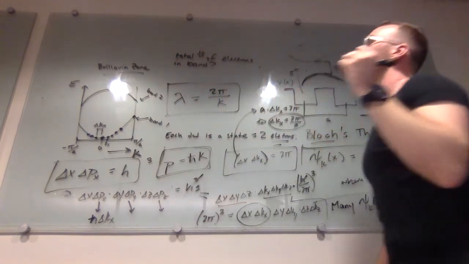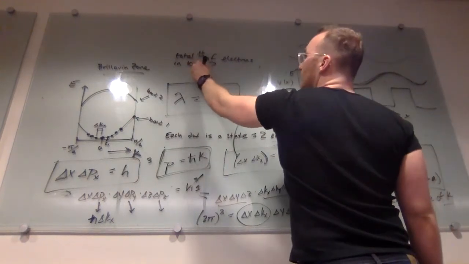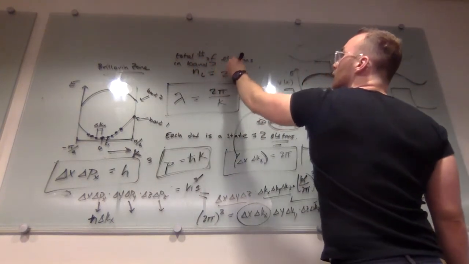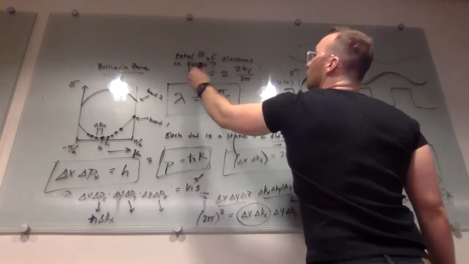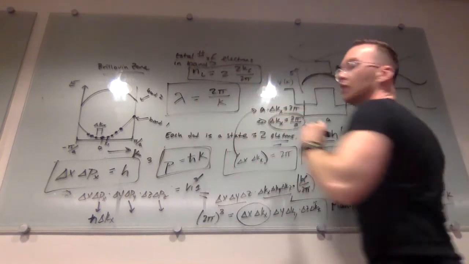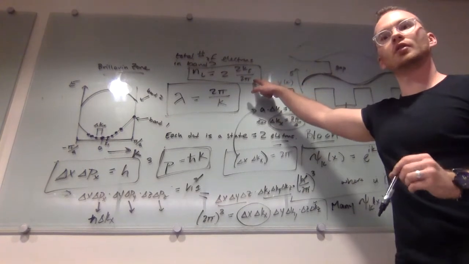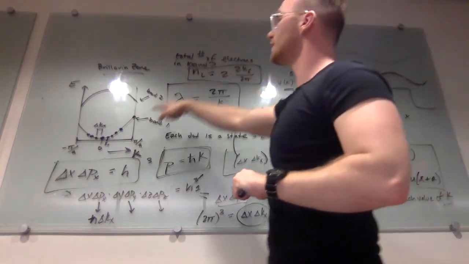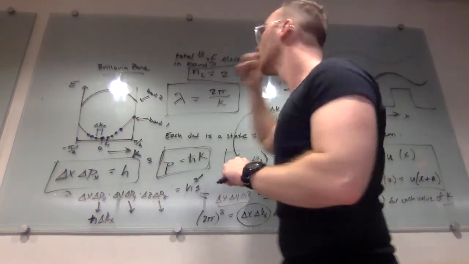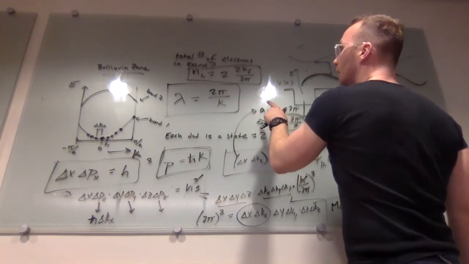They ask you something about it, but right before that there's a thing that says N_L equals, I think, this: N_L electrons per unit length. You get a picture. I think it looks like this. Okay, so this is the number of electrons that can fit in this band. You can kind of see where it comes from.